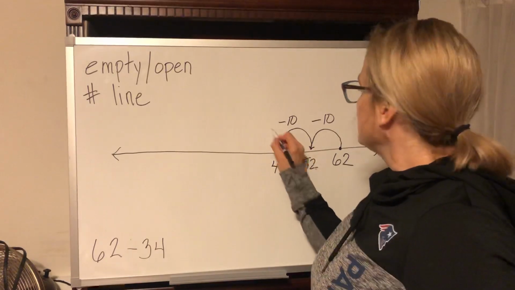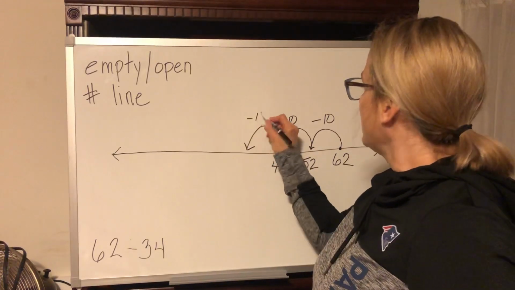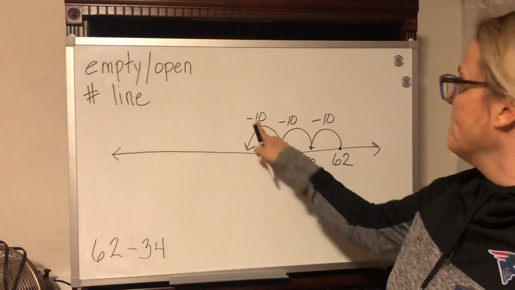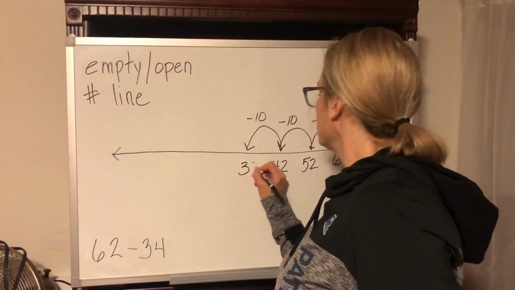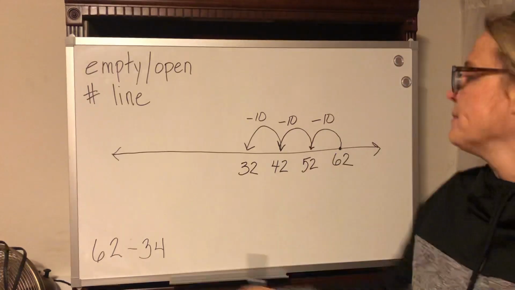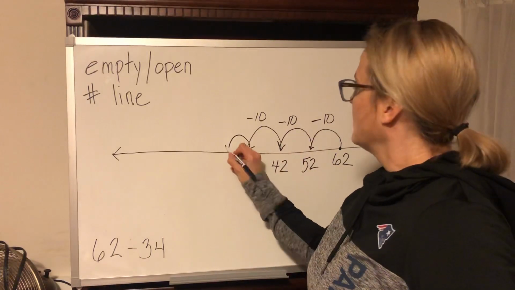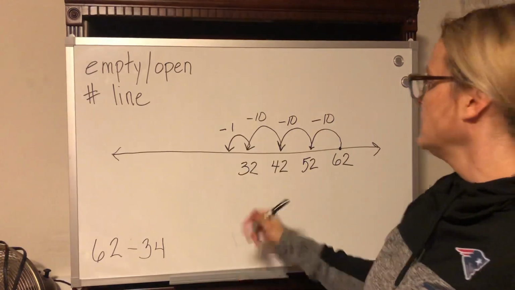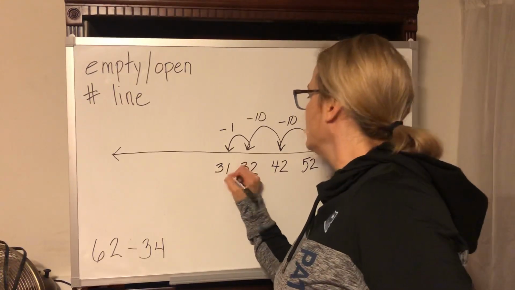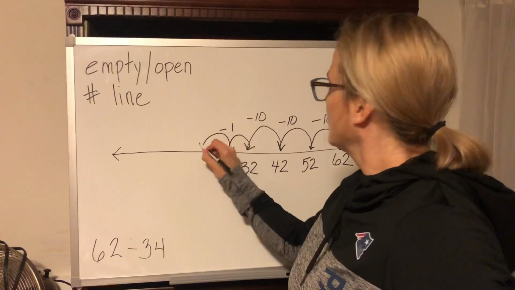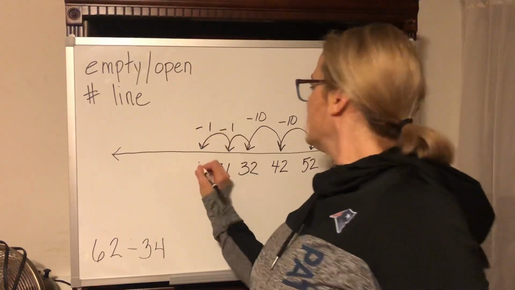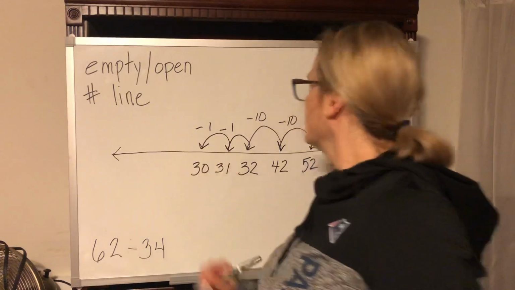Then I'm going to take another 10 away, minus 10, and 42 minus 10 is 32. Then I'm going to take my ones. Minus 1. 32 minus 1 is 31. Minus another 1. 31 minus 1 is 30.